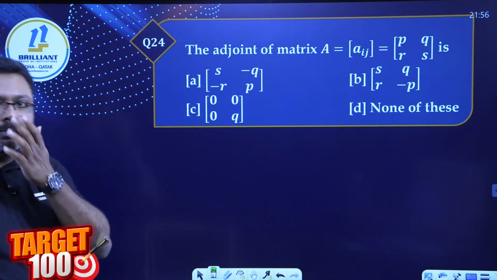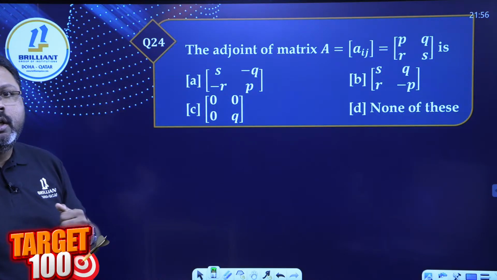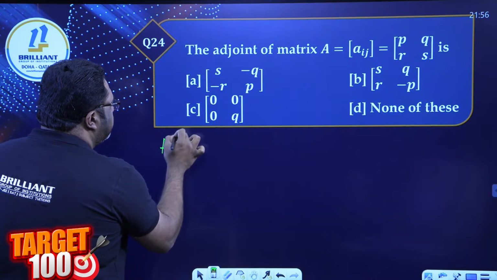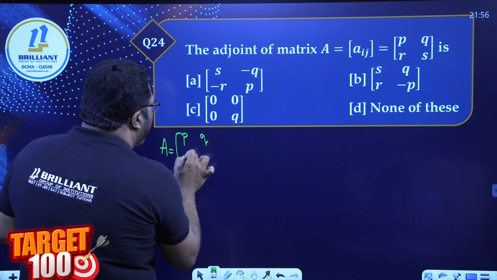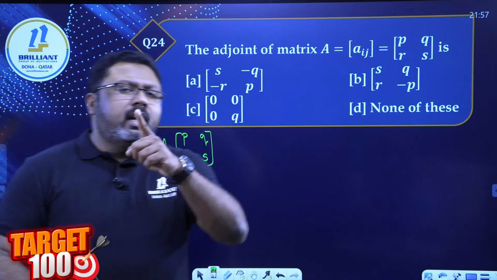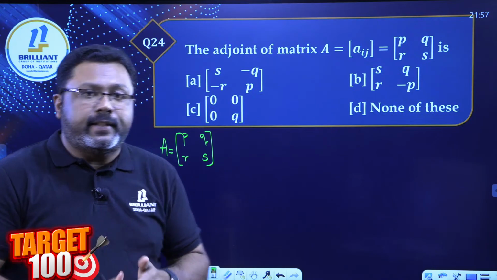Question number 24. Find the adjoint of a 2 by 2 matrix. The matrix A is given to you. It's a 2 by 2 matrix which says P, Q, R, S. Remember all of you, expect a question for a 2 by 2 matrix whose adjoint is necessary.